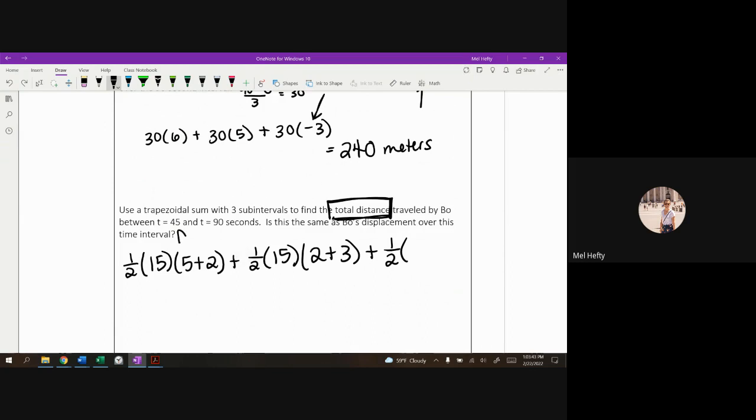You're essentially absolute valuing. The last one, we're going to do not -3 and -5, we don't want to cancel out a distance. 3 plus 5. Which equals 150 meters.